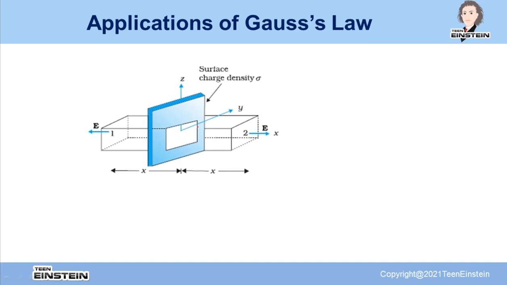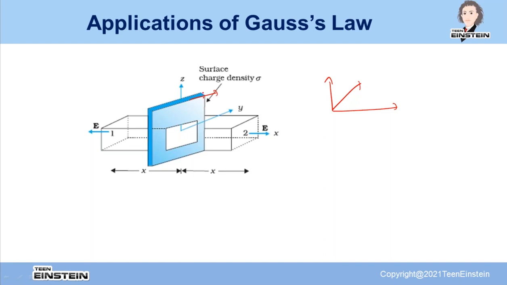If I draw the x, y, z axes here, this is y, this is x, and this is z. Look here, these are the y and z directions, which are infinitely long, but the x direction is not infinitely long.